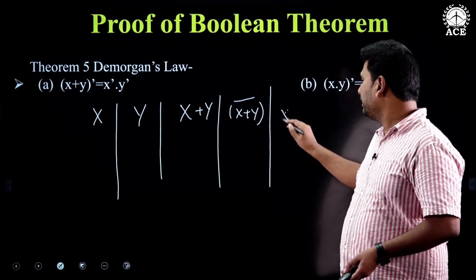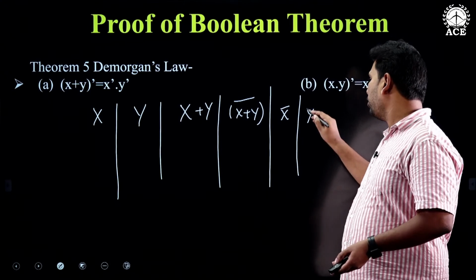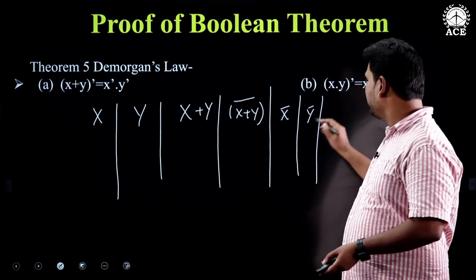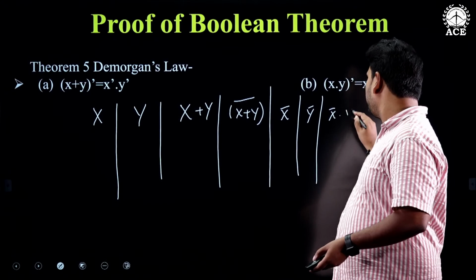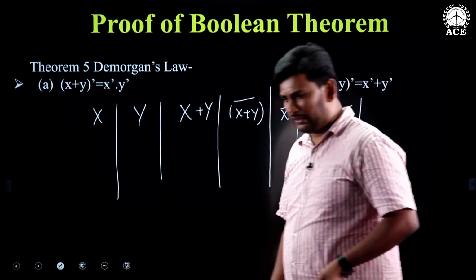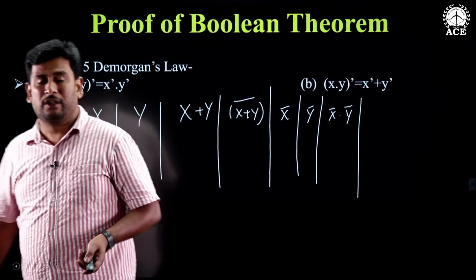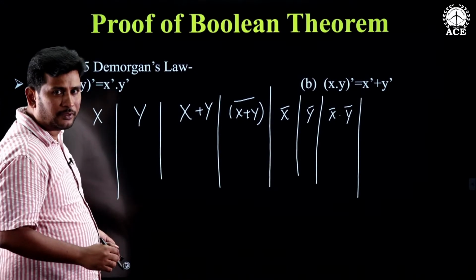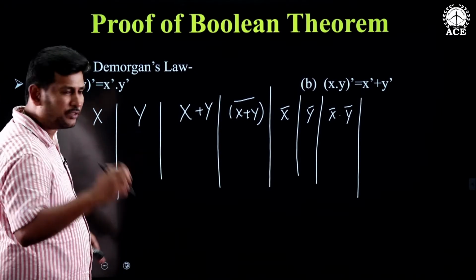Similarly, you have to calculate x complement, y complement, and finally the AND of x complement and y complement. Sir, last time you showed 8 rows, but this time you will have only 2 inputs, 4 rows.